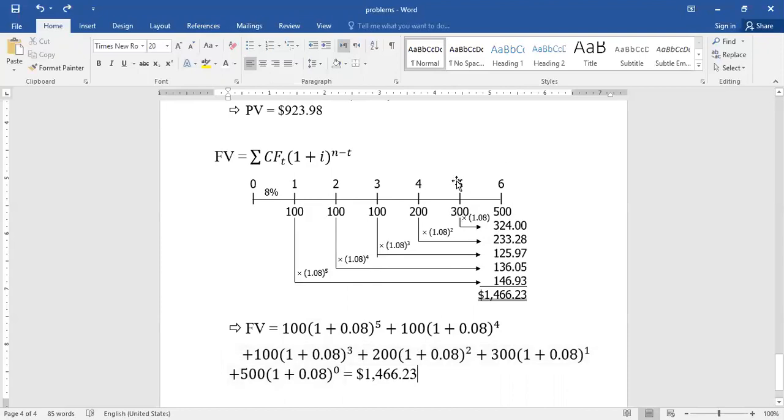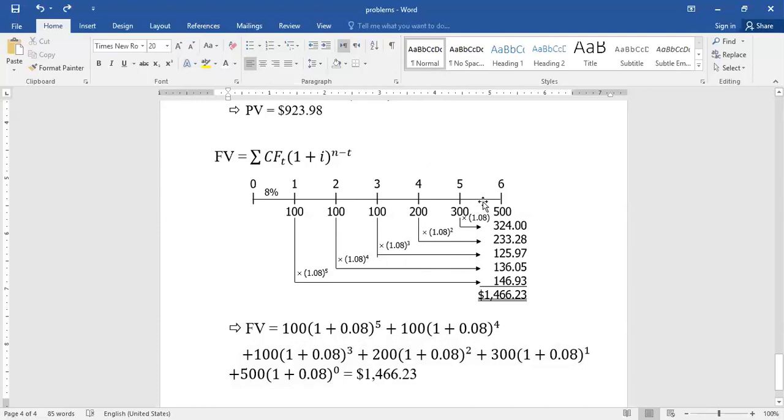For year 4, t equal to 4, I multiply 200, my cash flow at year 4, by 1 plus 0.08 to the power 6 minus 4, 6 being n, t being 4, the current year. So 1 plus 0.08 to the power 2.